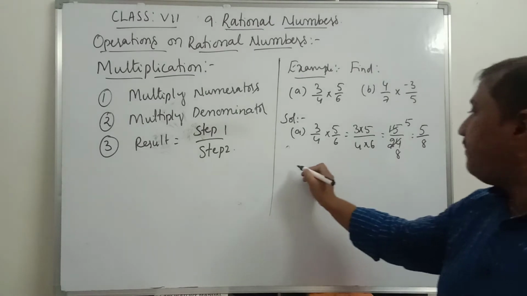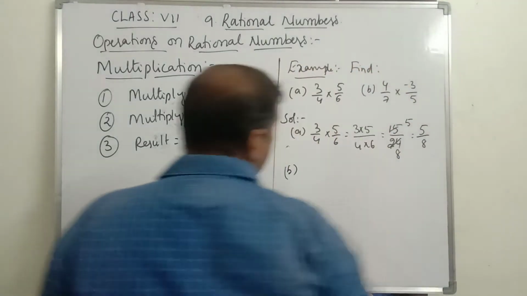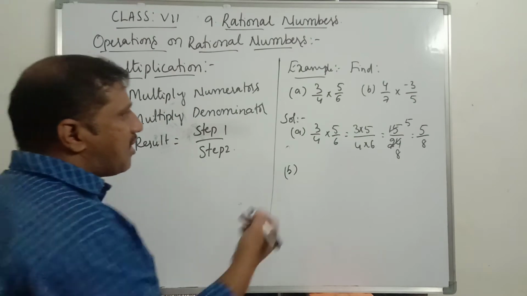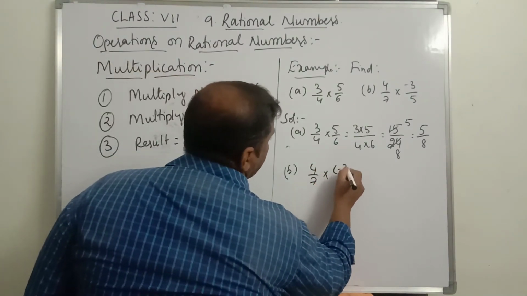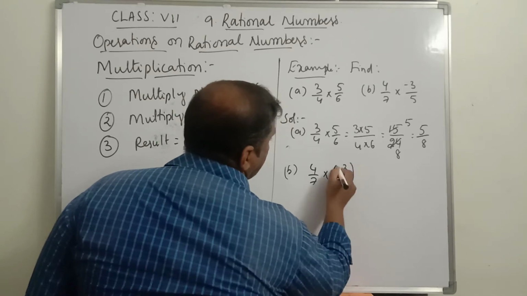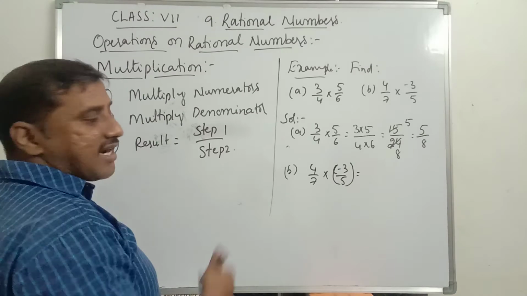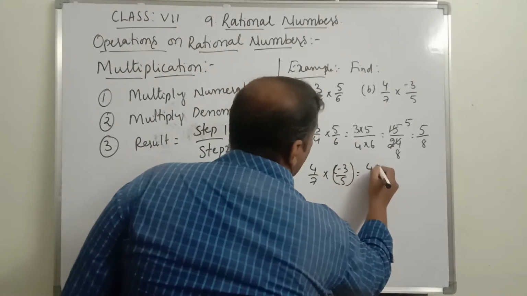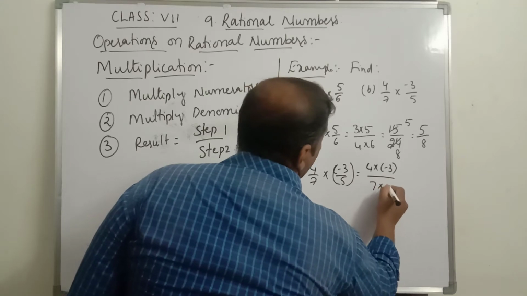Next, part (b). Here we have one positive rational number and one negative rational number. 4 by 7 into minus 3 by 5, that is equal to, multiply the numerators, 4 into minus 3 divided by 7 into 5.